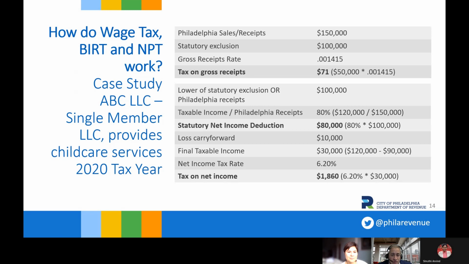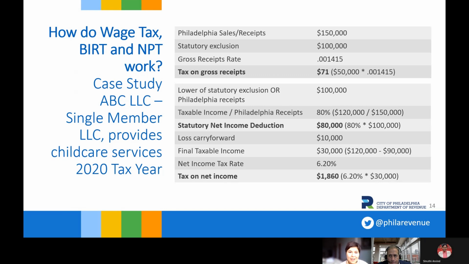So the total deductions in this case are $90,000, and that reduces the income of $120,000 to arrive at the income that's actually subject to Philadelphia tax. In this case, that's $30,000 times the net income tax rate of 6.2%. Tax on income is $1,860.